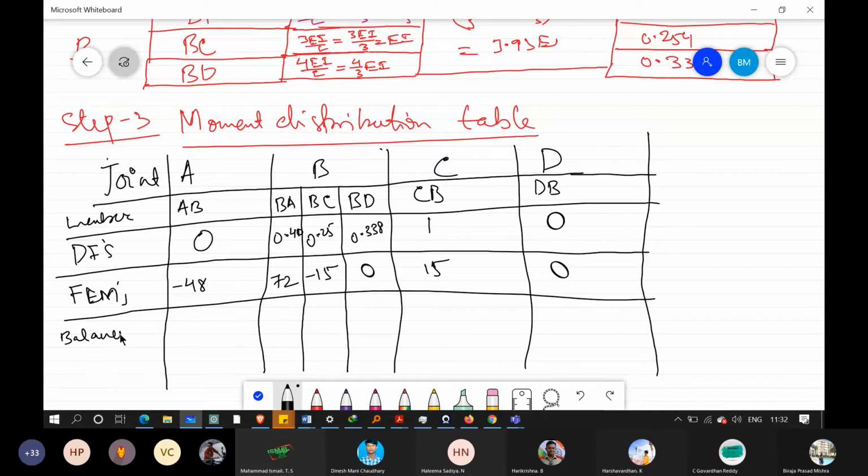Now the next step will be balancing. Please, all of you do your calculations.